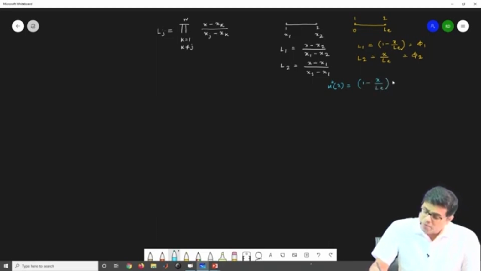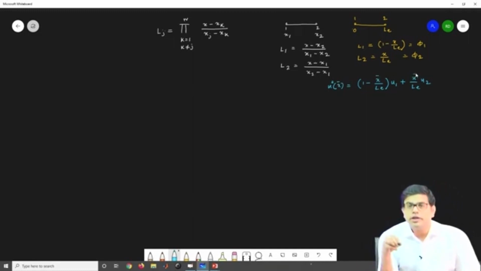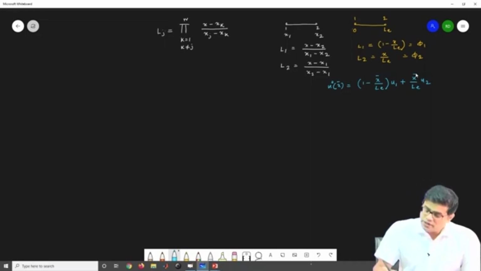So this is in bar quantity because I am just discussing it over x, so you can put a bar on it because we are discussing in the local coordinate system. So now this is the shape function, and for this we have found out the stiffness matrix in the previous class. So the stiffness matrix for this is something like this, that is AE by Le times the matrix 1 minus 1, minus 1 1.